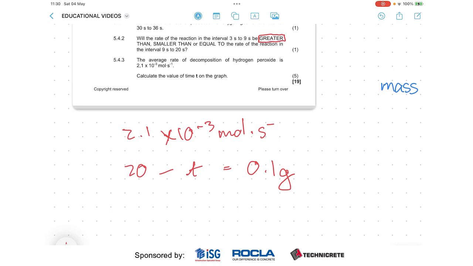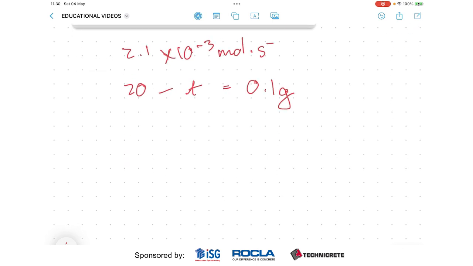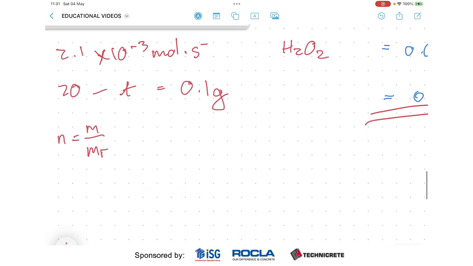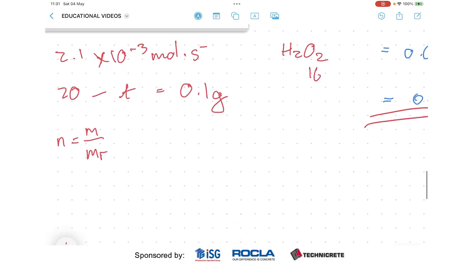So what we need to do is convert this into moles in order to apply our rate. For now, we can't apply our rate because it's not in mass, it's in moles. So let's do that quickly first. So let's remember our equation, N equals M over MR. And the MR of hydrogen peroxide is basically, this is 16 times 2, which is 32.